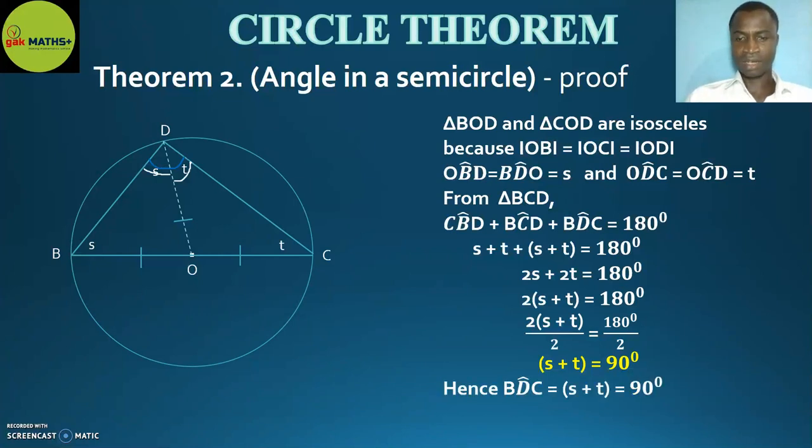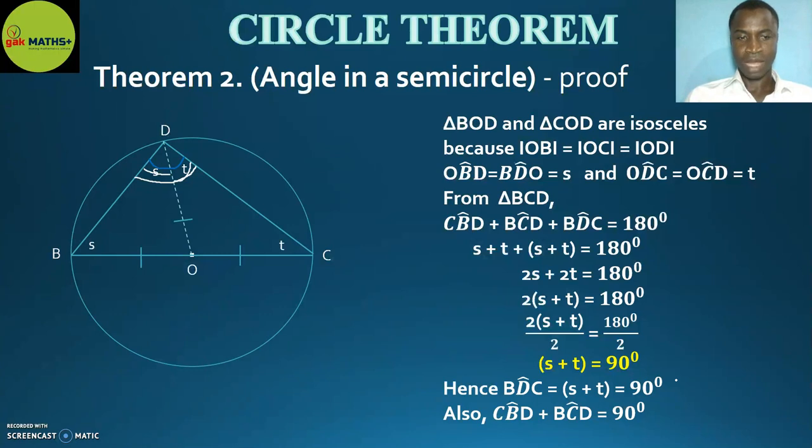Hence, angle BDC is equal to S plus T is equal to 90 degrees. That is the angle formed at D. Here is 90 degrees. It's a right angle.